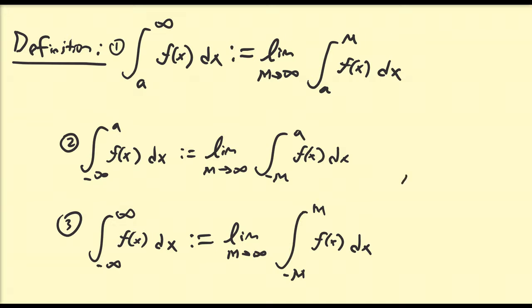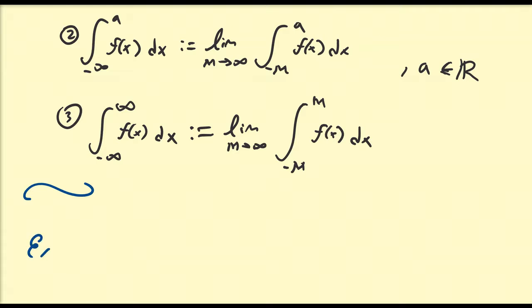Here we're assuming that a is a finite number, and that f is finite on each of these three intervals. If you modify these definitions, you may get different results, but we'll discuss these in another video. So let us take these three definitions and work through a couple of examples.